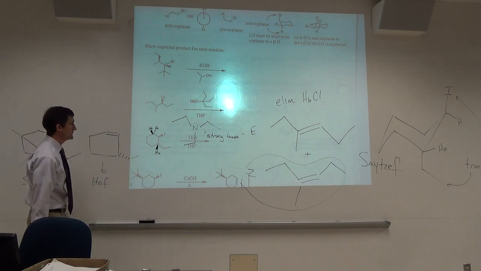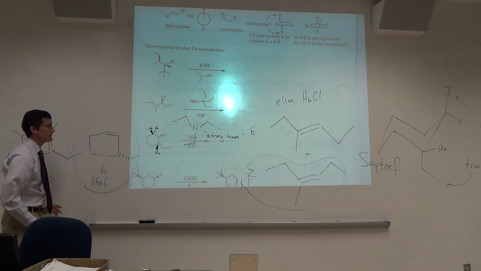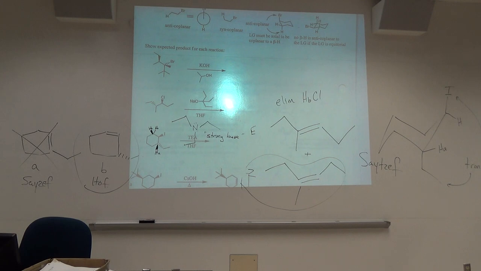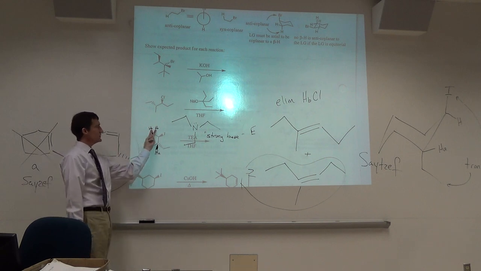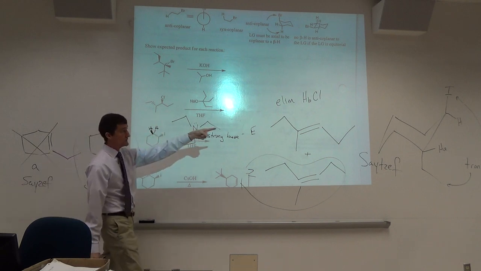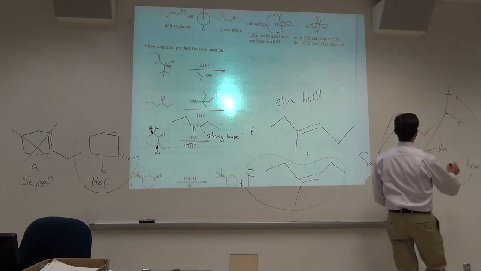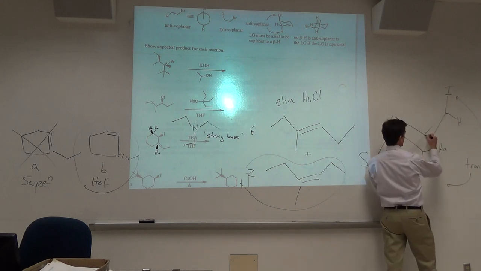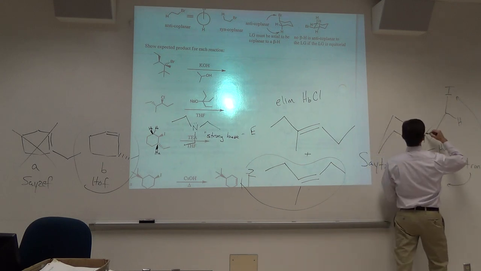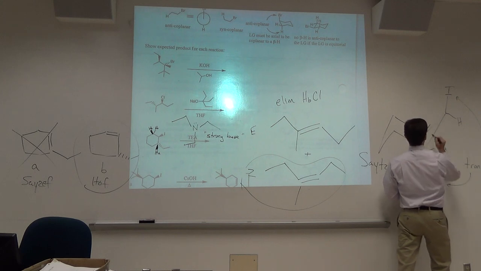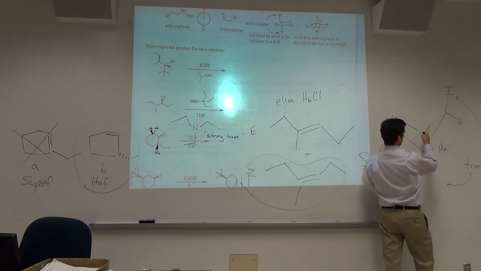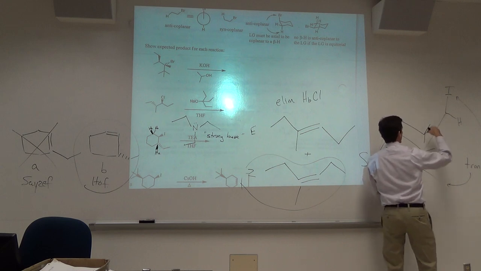Which one are we going to get here? Because let's draw these two H's in on this over here. We draw them in. Let's see. This is a down carbon, so it gets a down, and it gets one like this. It's supposed to be equatorial. Right?